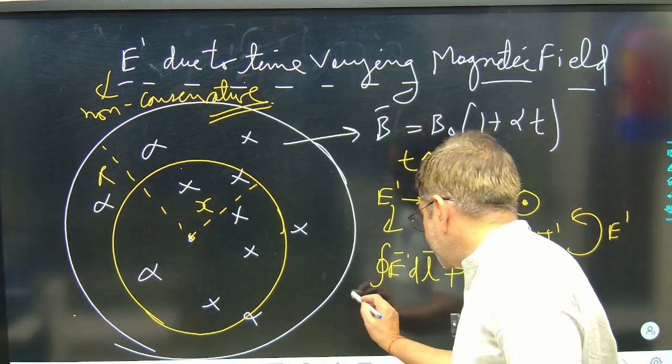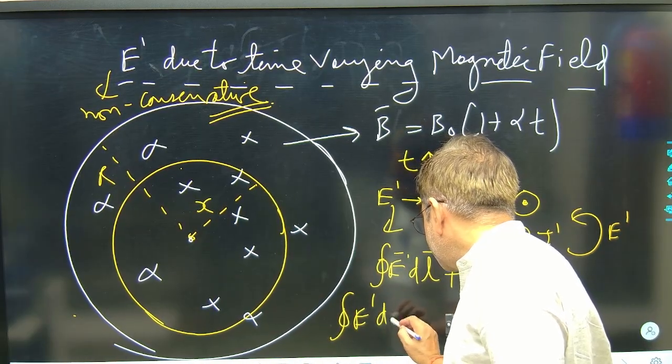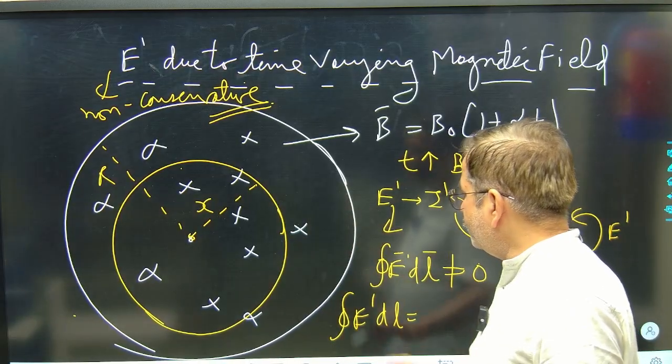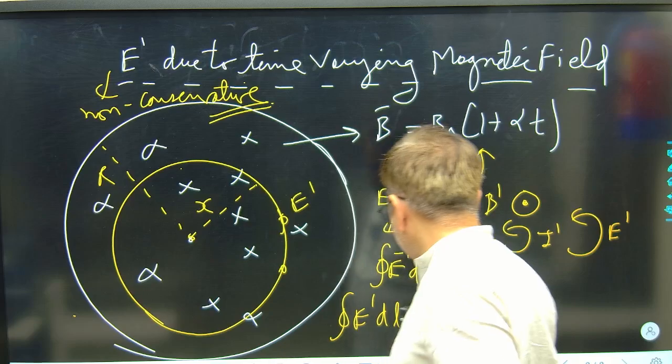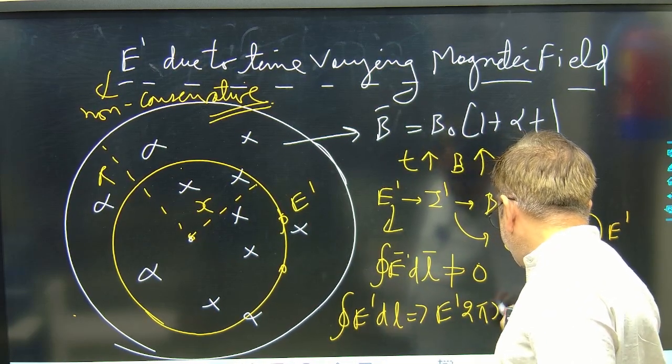So what will it be? The integration of E dash dot dl will give the EMF. Along the circumference, the field magnitude everywhere at these points remains constant, E dash. Hence it is E dash into the circumference length, 2 pi x.